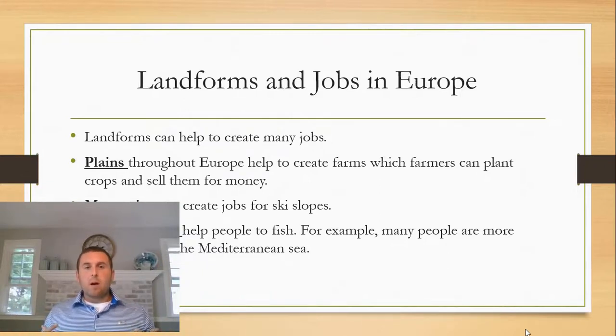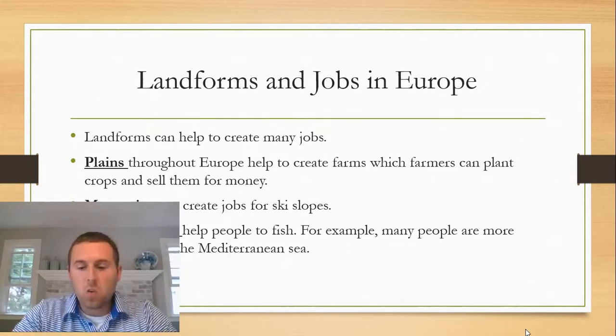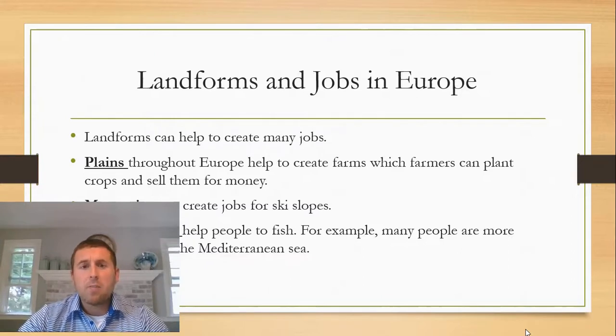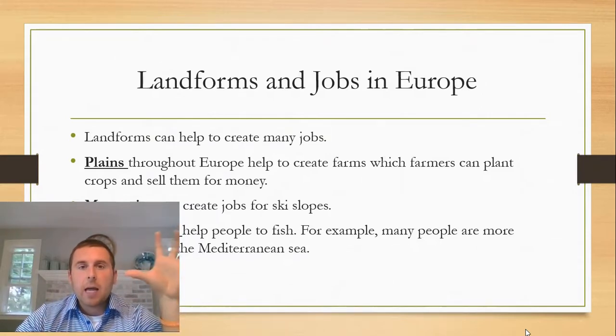That's a big thing, especially the Mediterranean Sea, where a lot of people go to fish. So that's some of the different landforms in Europe and the jobs that they help create.